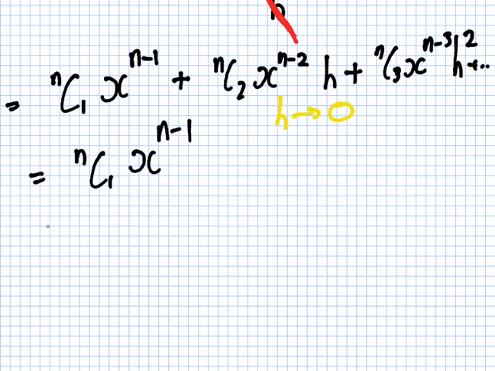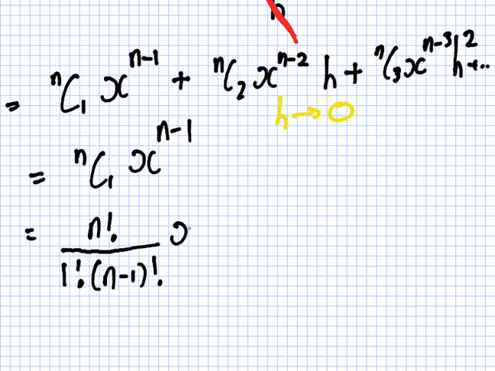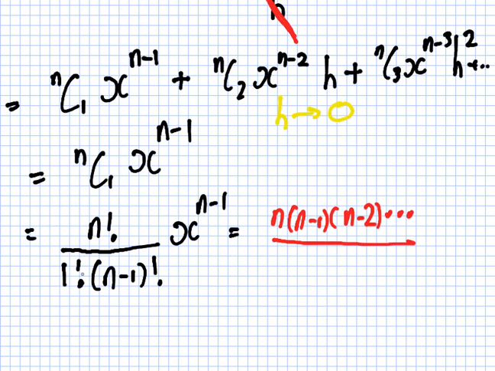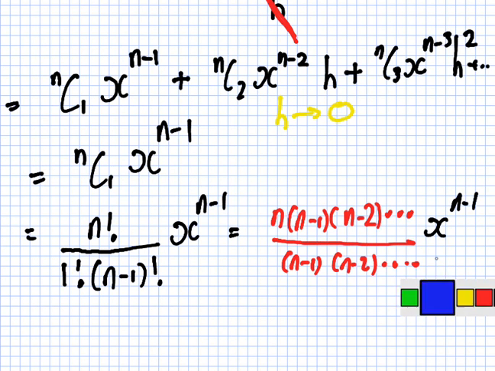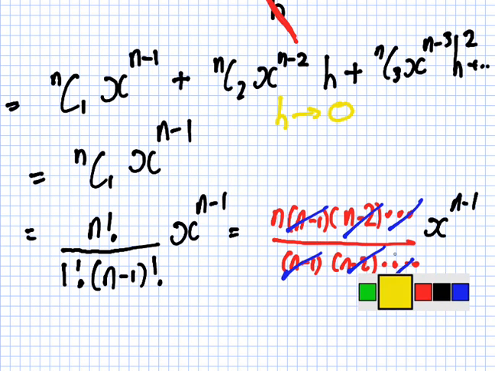If we remember the formula, it's n factorial over 1 factorial, n minus 1 factorial, x^(n-1). n factorial is n multiply n minus 1 multiply n minus 2, etc. 1 factorial is 1. n minus 1 factorial is n minus 1, n minus 2, etc. A lot of things cancel here. And so you're left with this.